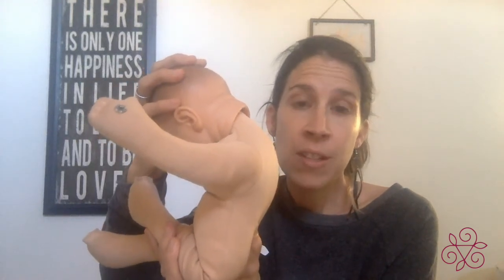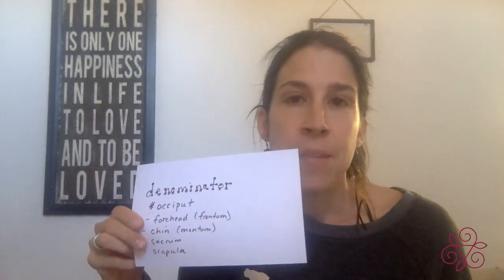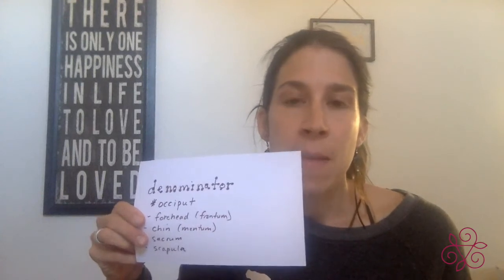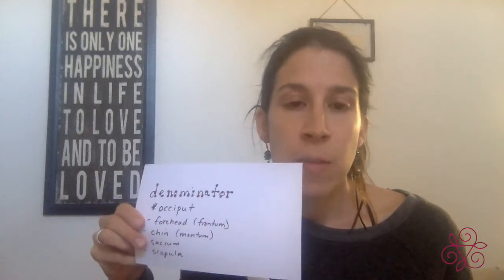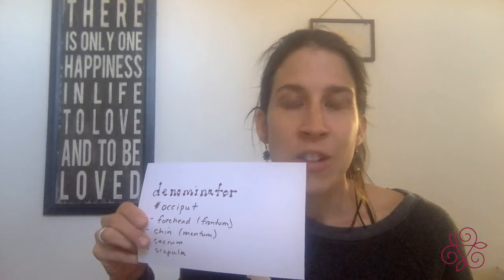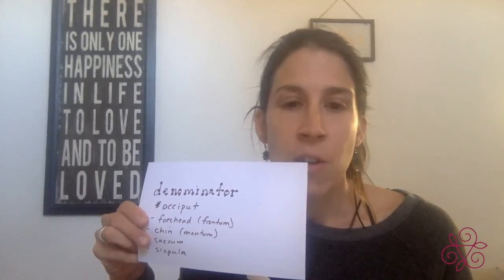We still would love to know, if possible, that the baby has a nice flexed head if they're going to be born breech, rather than what we call a stargazer, where the head might be extended for a variety of reasons. So that's attitude in a nutshell. Some of these words start to overlap and get a little confusing, but you can read the book or rewatch the video and practice it on your own.